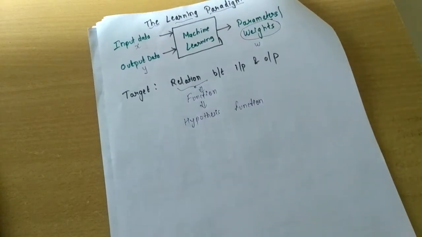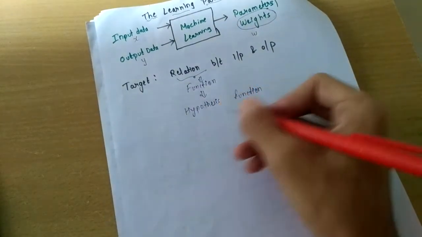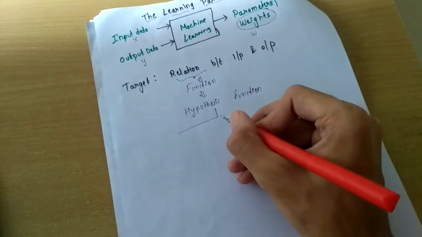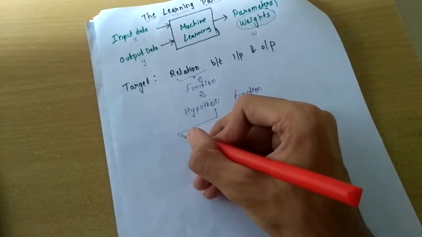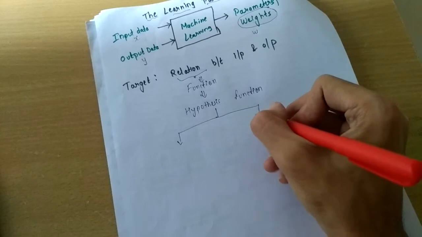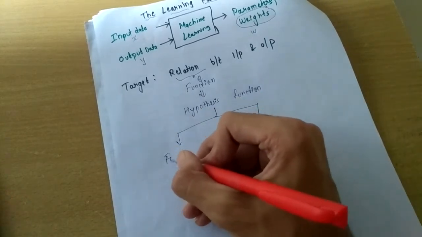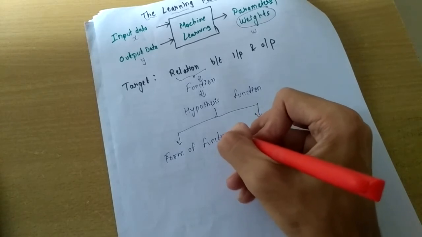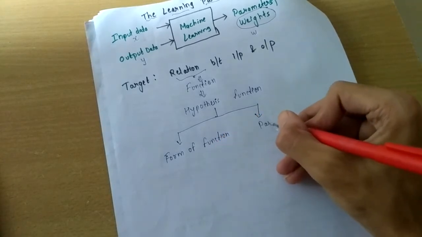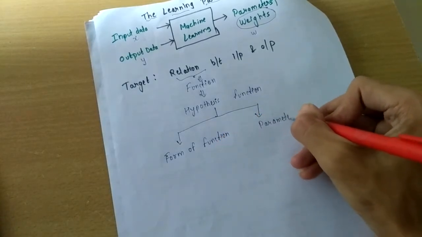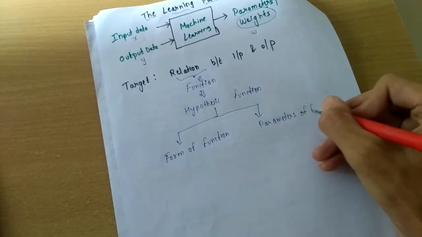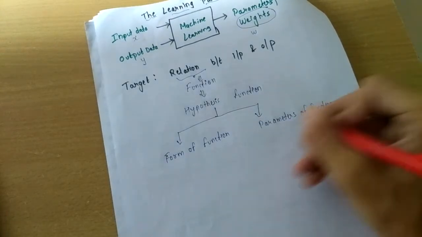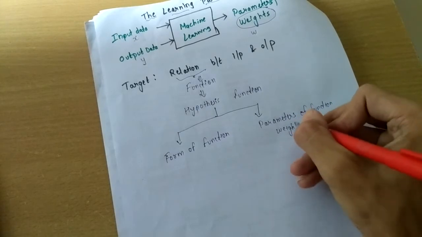And what is included in this hypothesis function? It basically consists of two parts. First is the form of the function, and second is the parameters of the function, that is our weights.